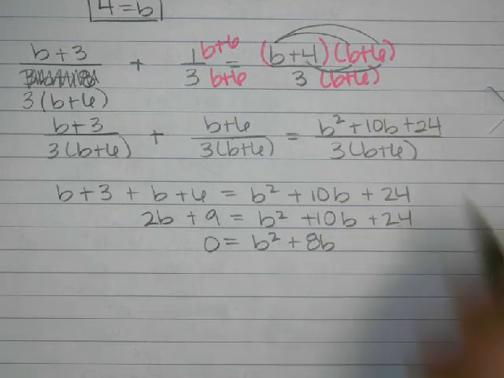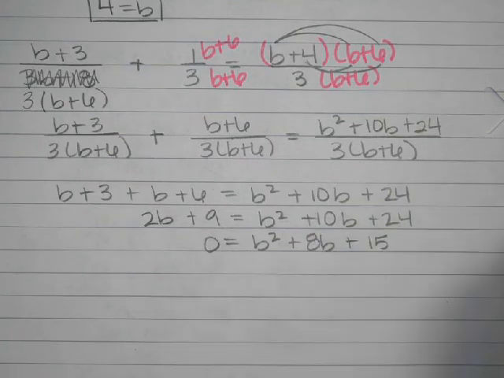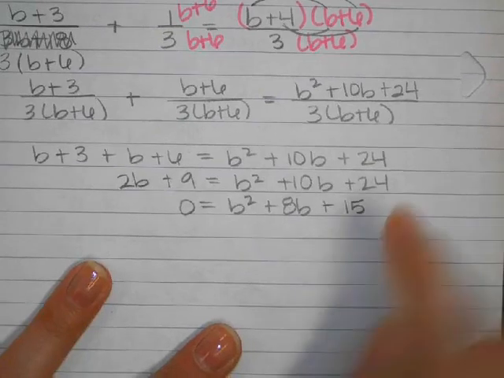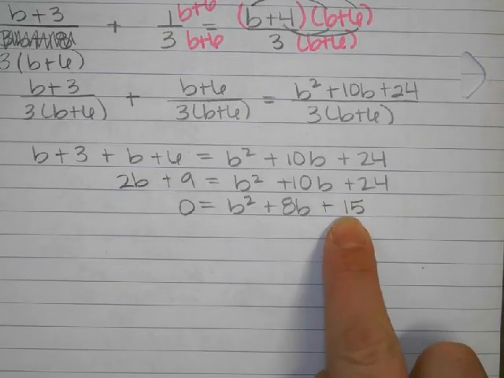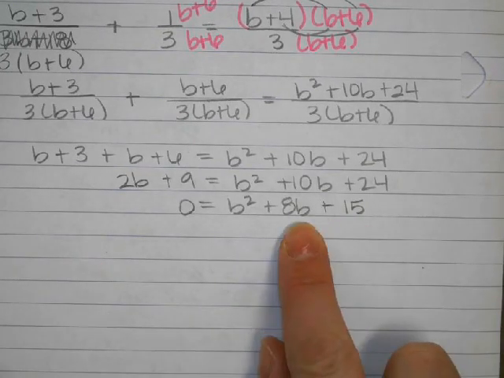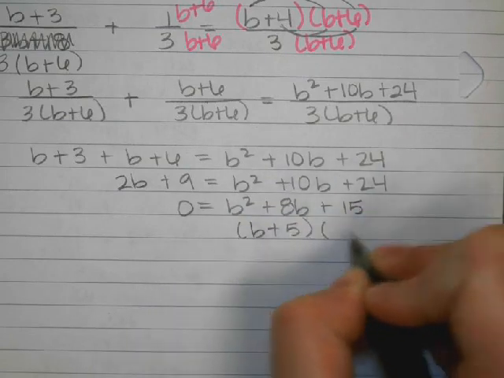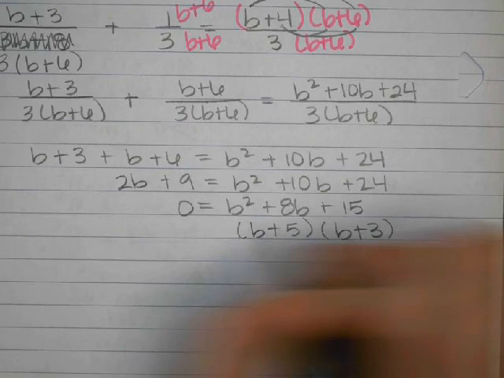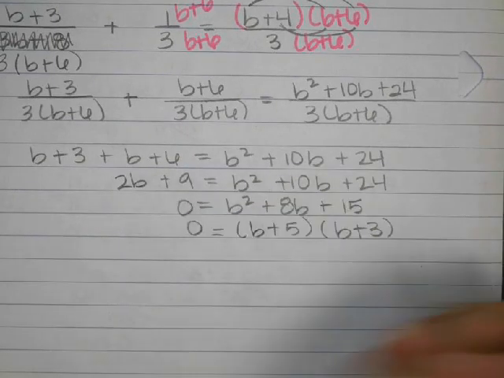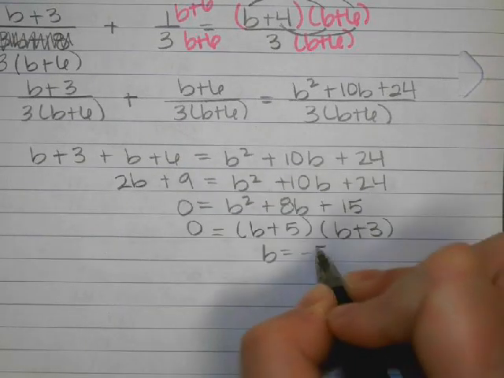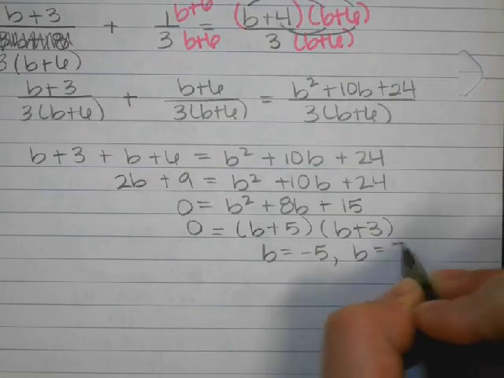Is that 15? So I'm looking for two things that multiply to positive 15 but add to positive 8. And that would be b plus 5 and b plus 3. And so my two solutions are -5 and -3.